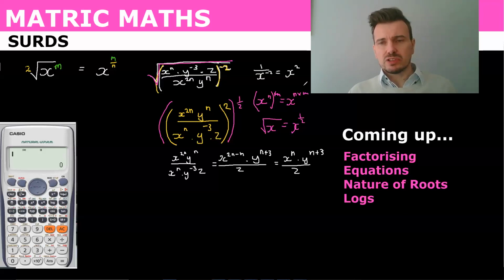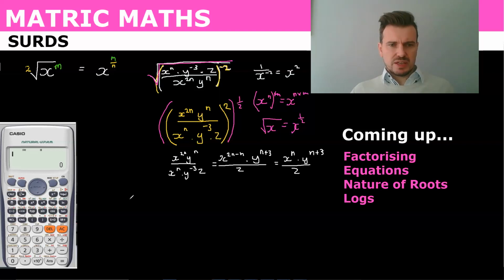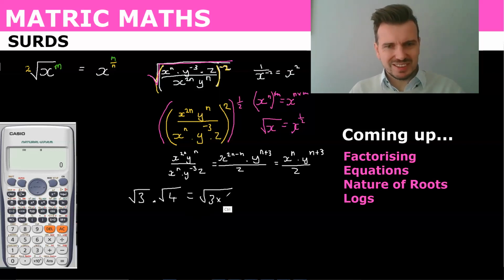Now let's quickly look at surds. For surds, you can actually put them in your calculator, so I don't want to go into too much detail. If I have root 3 times root 4, I can say that is root 3 times 4, which is root 12.